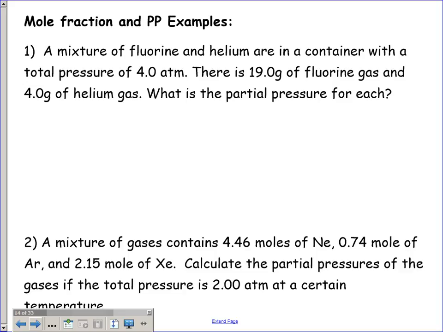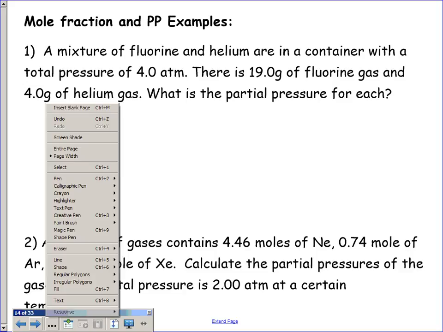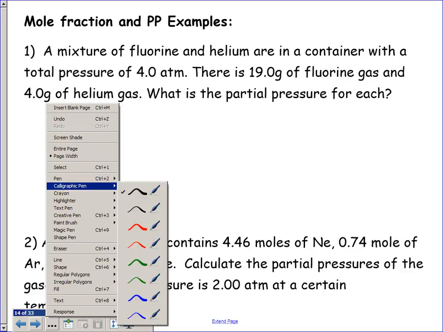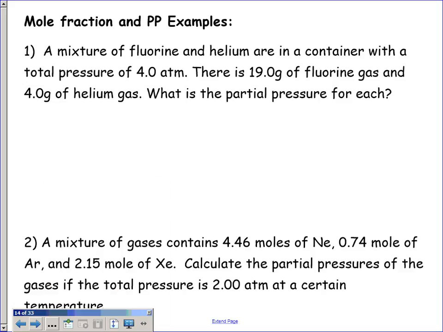So what are you guys doing first, number 1? You're finding moles of both gases, okay. Make sure, fluorine and helium. What do you mean by fluorine though? What's the formula?